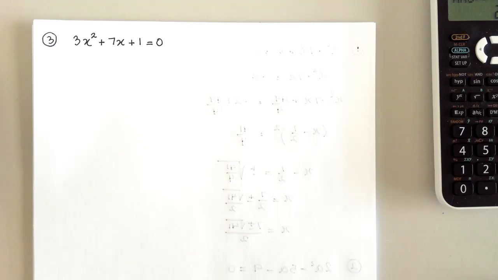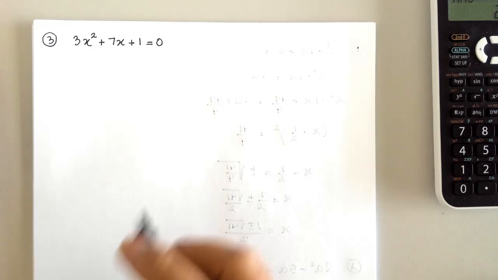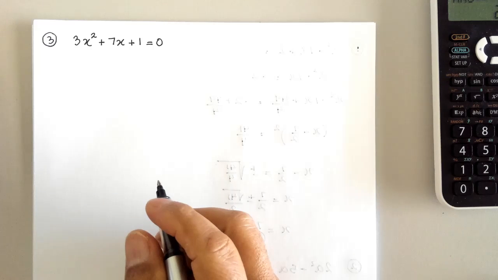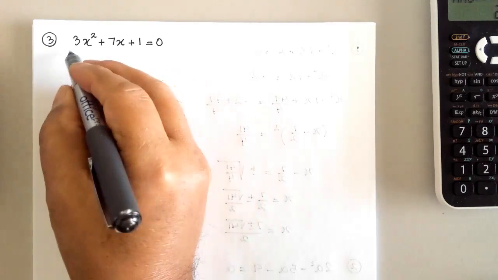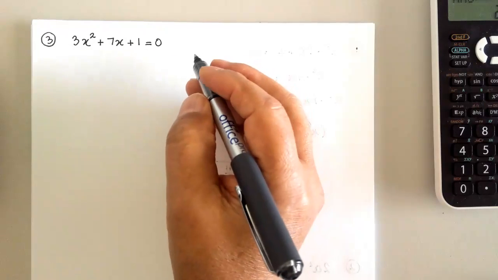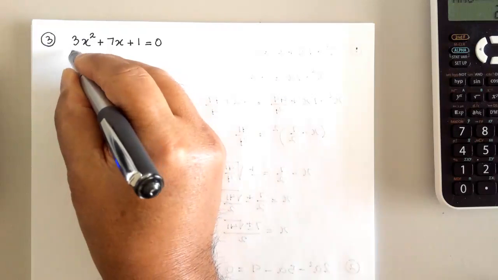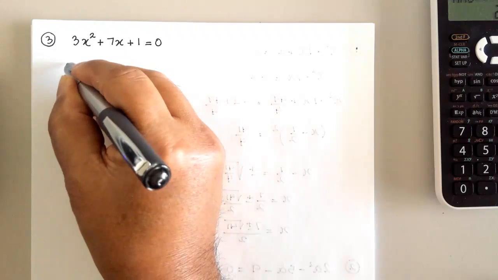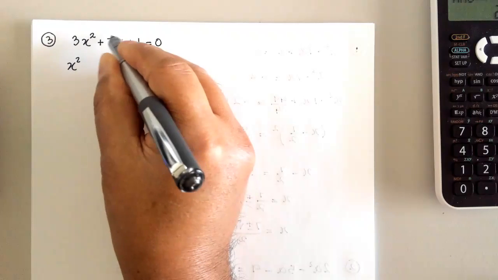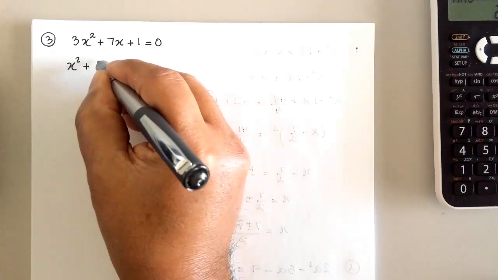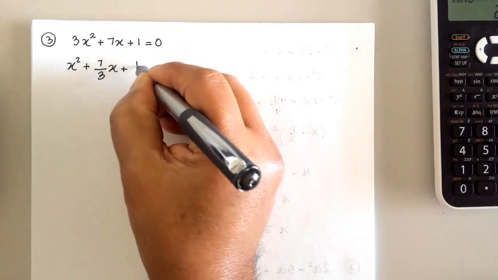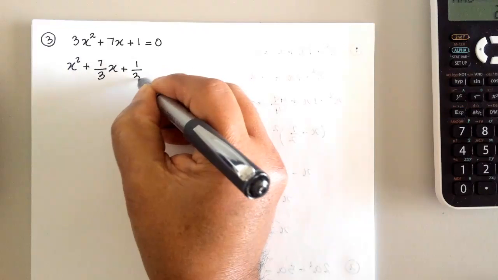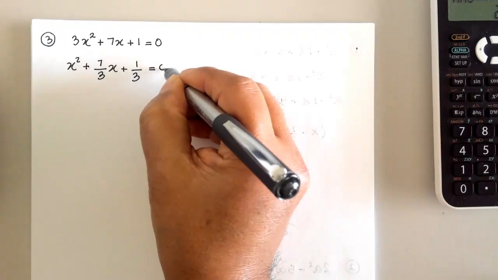So this is a non-monic. The first thing that we have to do is divide through by 3. So here we go. If you divide this by 3, then it becomes x squared. If you divide this by 3, then it becomes 7 over 3 x, and this now is equal to 1/3, and that equals 0.